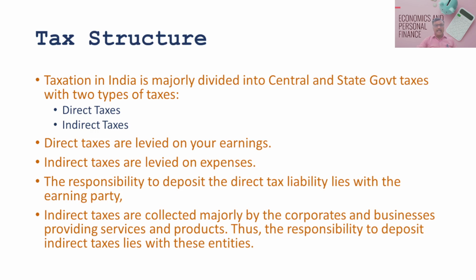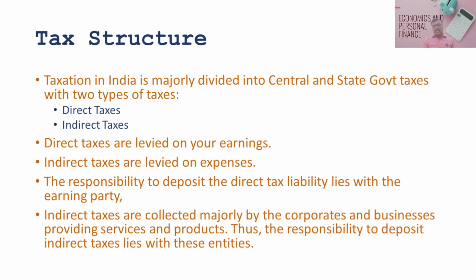So about the tax structure in India, the taxation system is primarily divided into central government and state government. The division is based on two types of taxes, direct taxes and indirect taxes. Means central government can impose direct as well as indirect taxes, and state government can impose direct as well as indirect taxes. Direct taxes are imposed on your earnings or income.